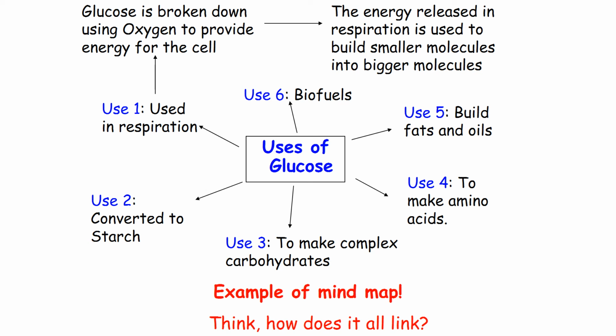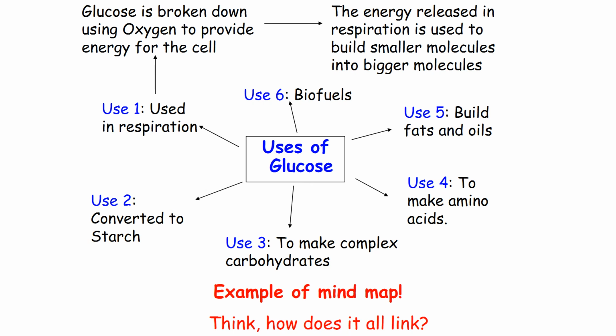Now, biofuels, again, depending on what you recall from C2, biofuels are one way of making carbon neutral fuel. So the carbon dioxide absorbed from the atmosphere is utilised to make glucose, and then once that fuel is burnt, the same amount of CO2 is released back into the atmosphere. So it's a carbon neutral process.